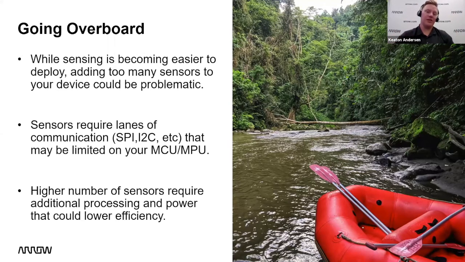And very similarly, when we start to think about sensors in respect to your processor or the microcontroller or FPGA or whatever on your unit, too many can start to become problematic. And I'm not saying that you can't do it, but what will happen is you're going to require lanes of communication to talk to each of those, right? And so if you have too much coming in at one time, if you don't have enough lanes to be able to talk to, you may not be able to get the data that you're looking for.